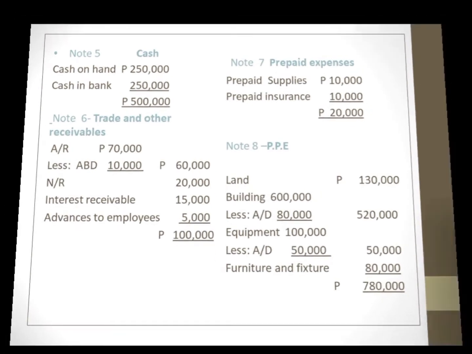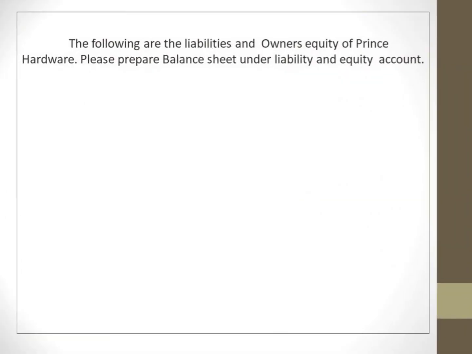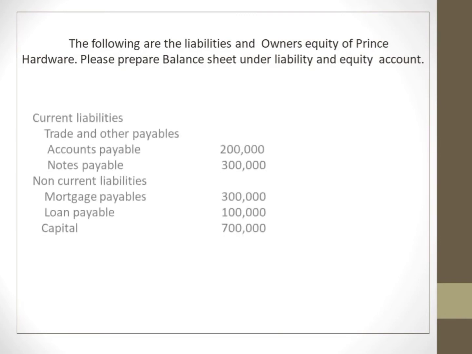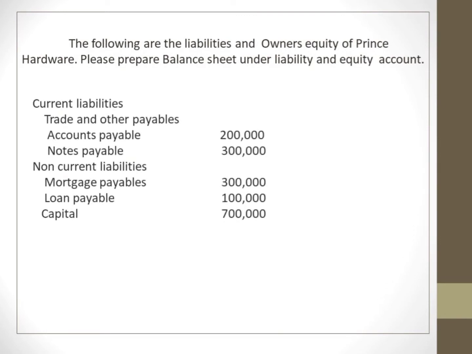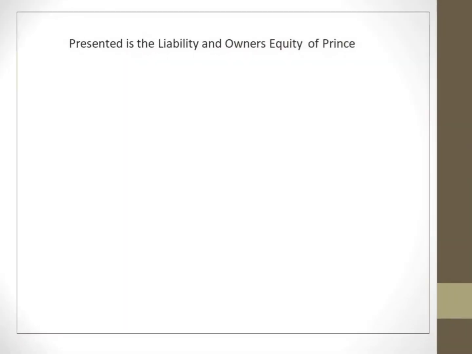Now let's take a look at the liabilities and owner's equity of Prince Hardware, the same year, December 31, 2020. Please prepare the balance sheet under the liability and equity accounts. Presented here are the liability and owner's equity accounts of Prince.